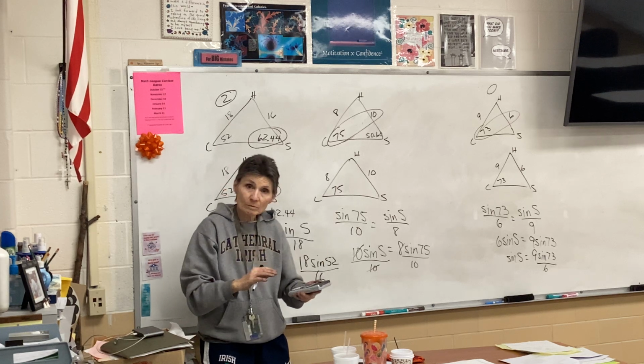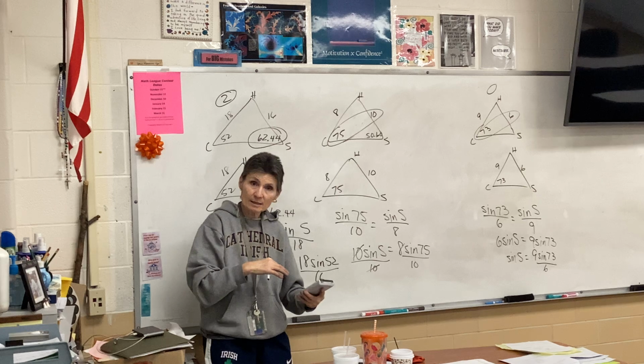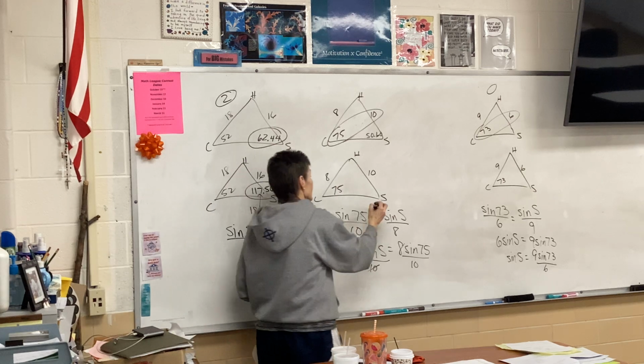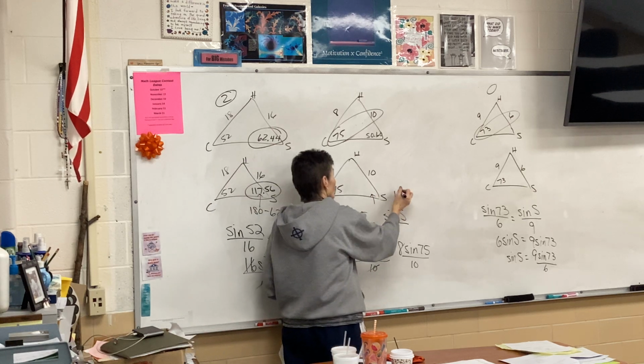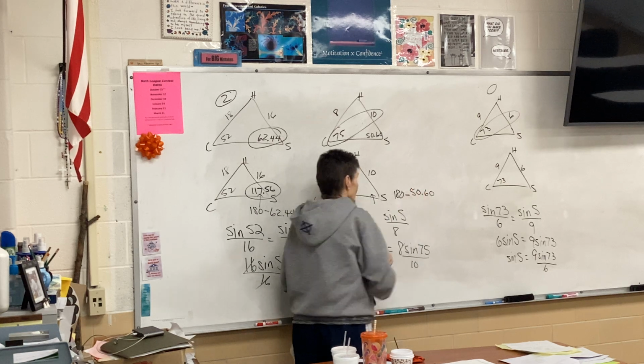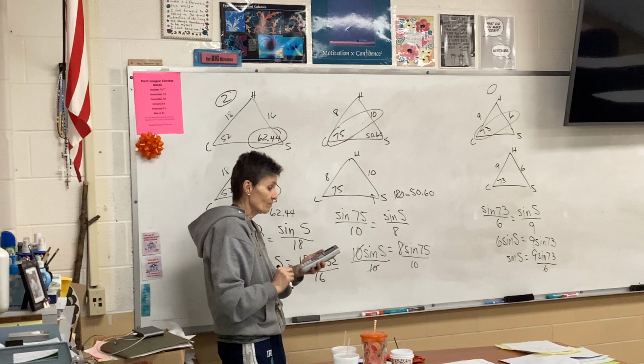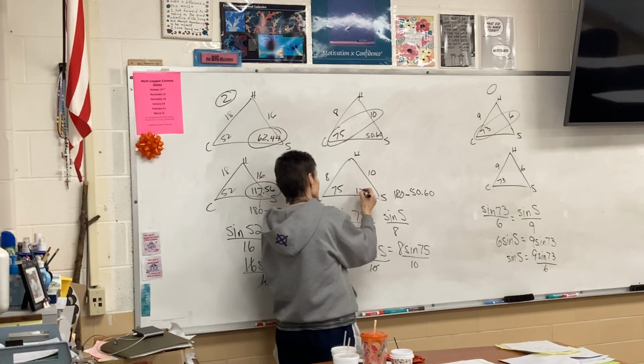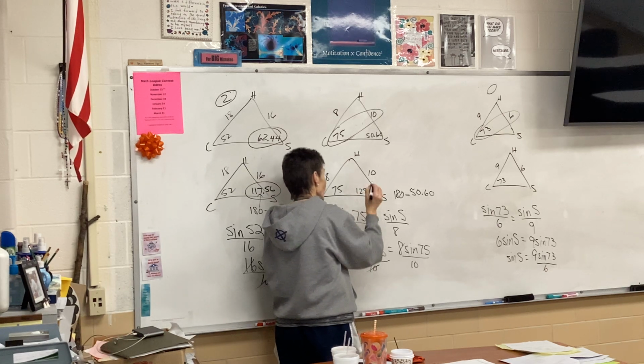So now what do I do? Now I check to see if I have a second angle. And if I do, it will be 180 minus 50.60. So 180 minus 50.60 is 129.40.